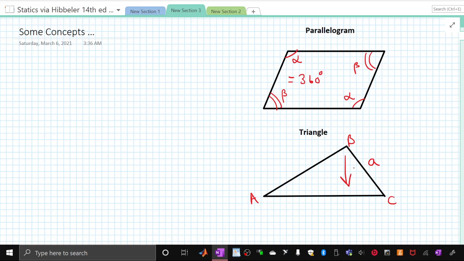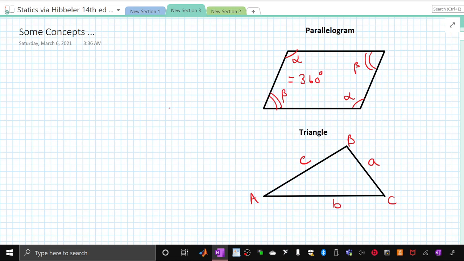So the side that is facing angle B is going to be lowercase b, and the side that is facing angle C is going to be side c. This way we don't get confused. Let's say that we're given any random triangle. I'm just going to choose A, B, and C for the angles, and the sides that are opposing the respective angle, I'm going to name with the respective lowercase letter. So c and b, right? Okay, so that is important.